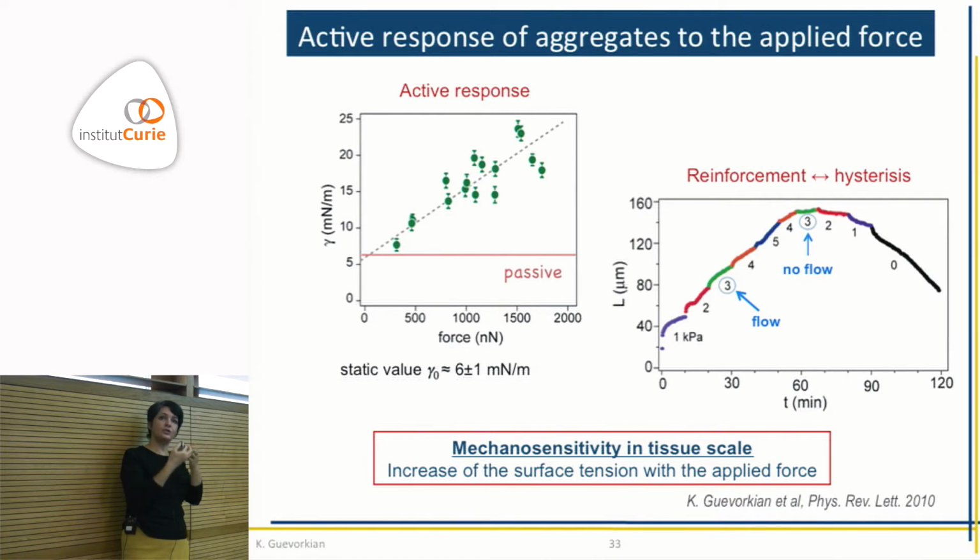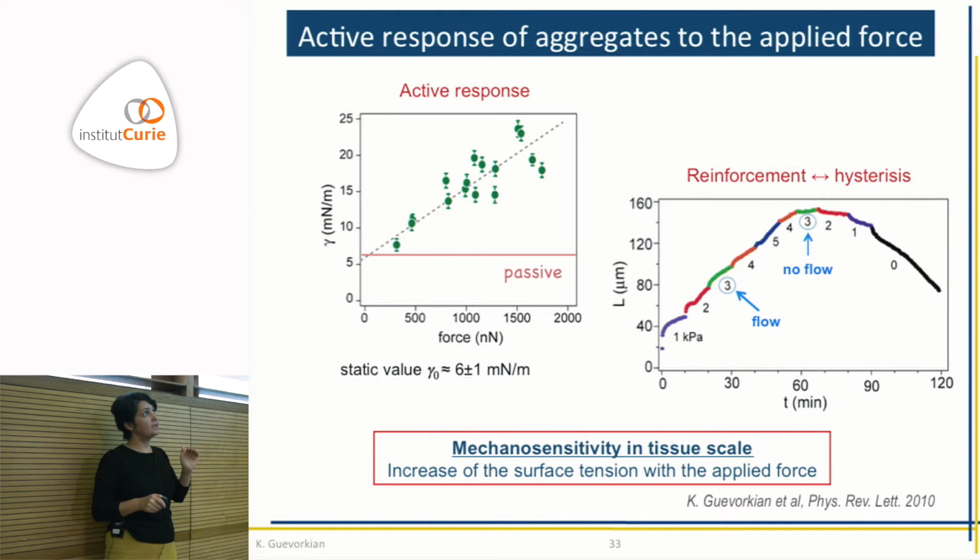They reinforce their cell-cell contacts or their cytoskeleton reorganizes, and this increases the surface tension, because the surface tension is related to two values: the cell-cell adhesion and the cortical tension. This is also a proof of this behavior: here we apply steps of pressure, and we look at the dynamic of the aspiration.